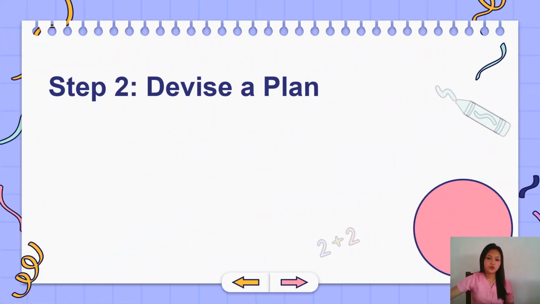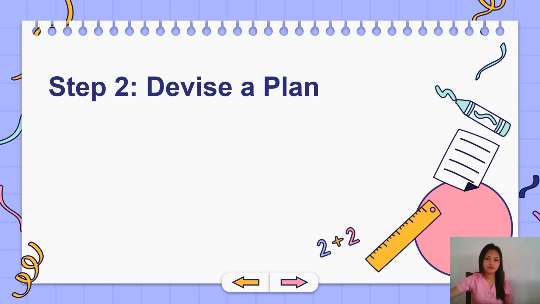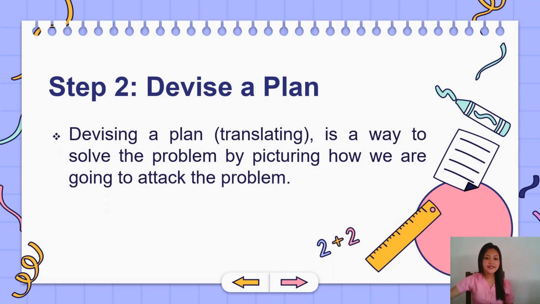Step 2. Devise a plan. Devising a plan or translating is a way to solve the problem by picturing how we are going to attack the problem. So after we identify or understand what the problem is all about, we are now going to make a plan.